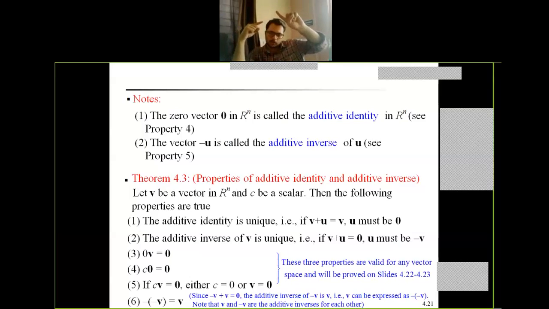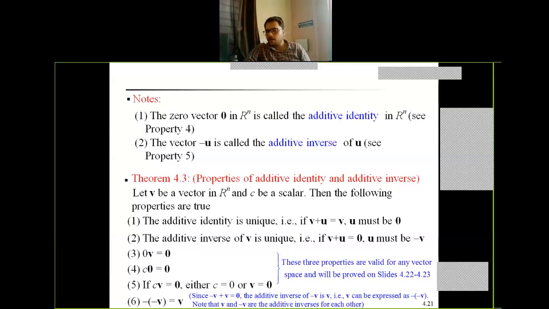Considering the length of both my fingers is the same, you can consider that both of these vectors are having the same magnitude. In other words, minus u is just the additive inverse of u, having the exactly opposite direction to that of u.